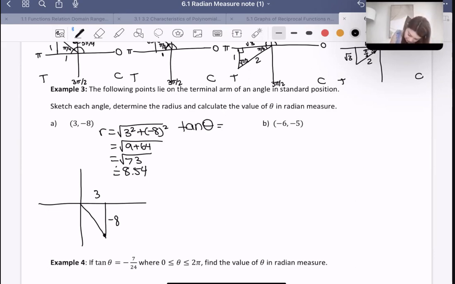So tan theta would be equal to, let's see, opposite over adjacent, which would be -8 over 3. So therefore, theta would end up being -1.21. And there we go.